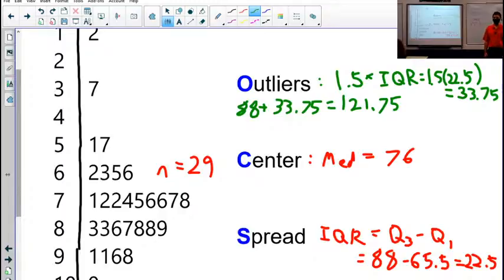We have any of those? We wish. All right. But unfortunately, they did not. Lower quartile, 65.5. And we're going to subtract that 1.5 times the interquartile range. This is going to give us the lower boundary. Anything below this is going to be an outlier. 33.75.